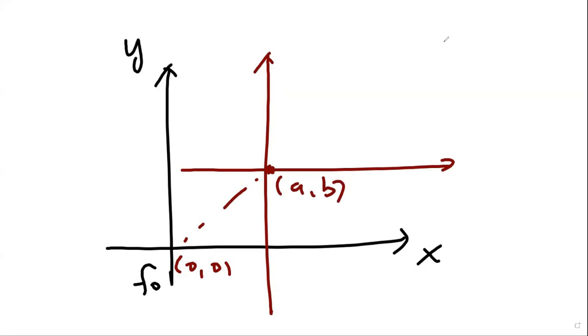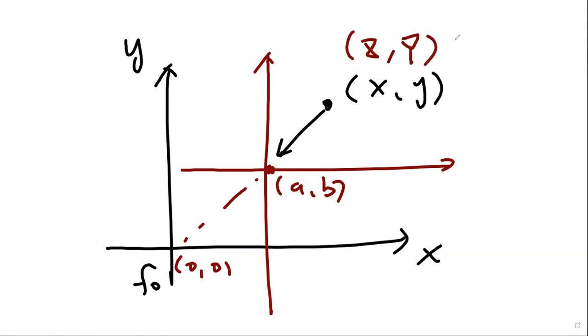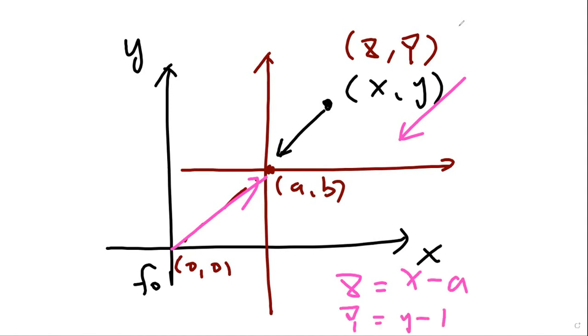I have an object here. Original is a, b. But now, what is the address that I have according to the new frame? What is the coordinate that I need to express in the so-called big X, big Y? So basically, your frame moved by a, b is the same as your object moved backward by a, b. So your big X, big Y will be x minus a and y minus b.